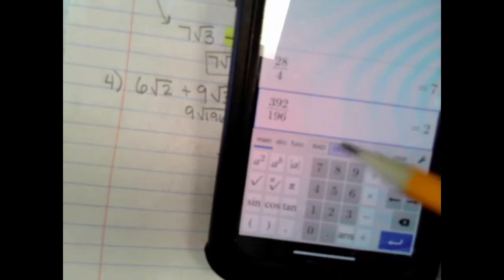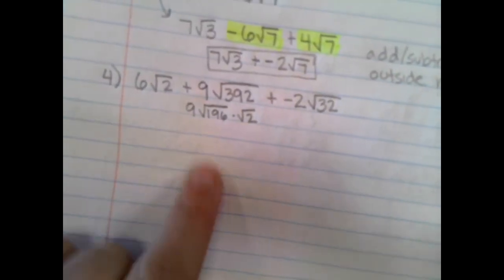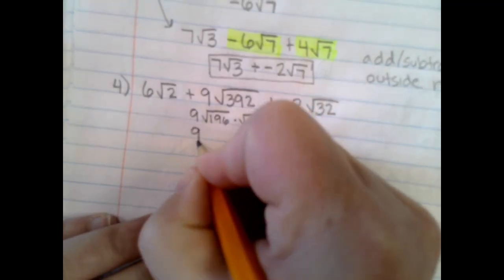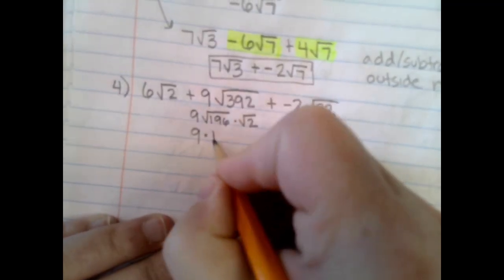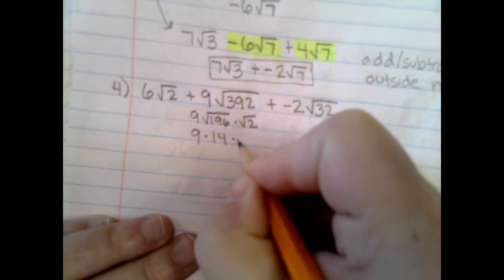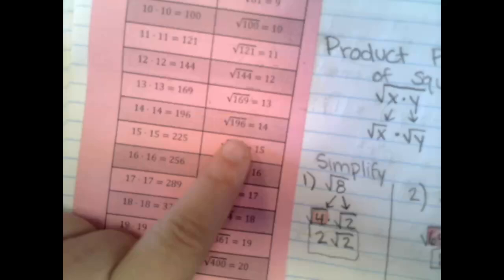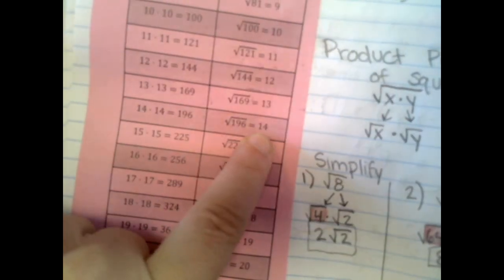And we got 196 from that pink sheet. So what is the square root of 196? 14. How did you know? Yeah, it's like on the pink sheet. That's why we use the pink sheet. Square root of 196 is 14. So we have 9 times 14.